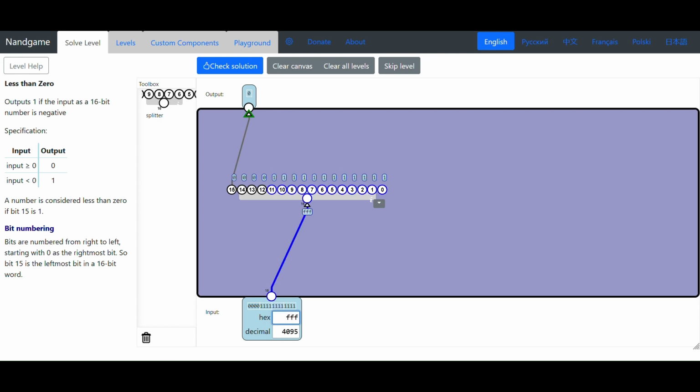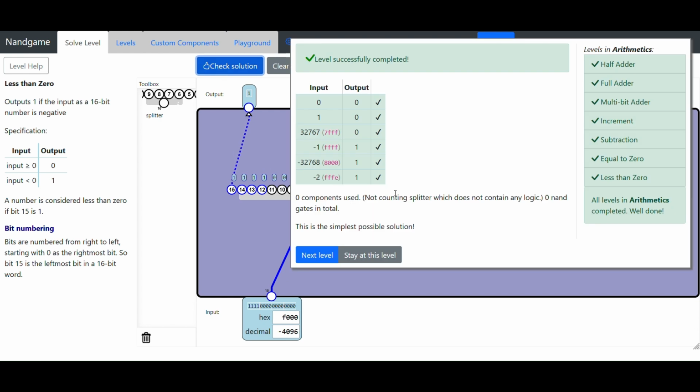So if it's positive, we have no output, and if it is negative, we have output. I think that's it. Okay, 0 components used is simple. Yeah, that works. So that is it for our arithmetic.